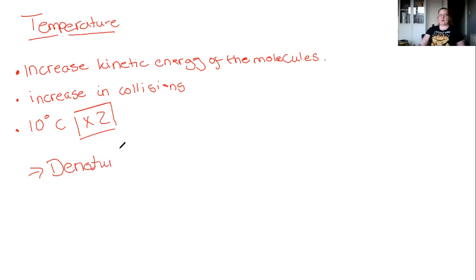Denaturing is when those bonds are being broken. If we think about an enzyme, it's a protein, a highly complex 3D shape that's held together by lots of complex bonds. We know one thing that breaks bonds is temperature. So if we increase the temperature too much, our enzymes are going to break.